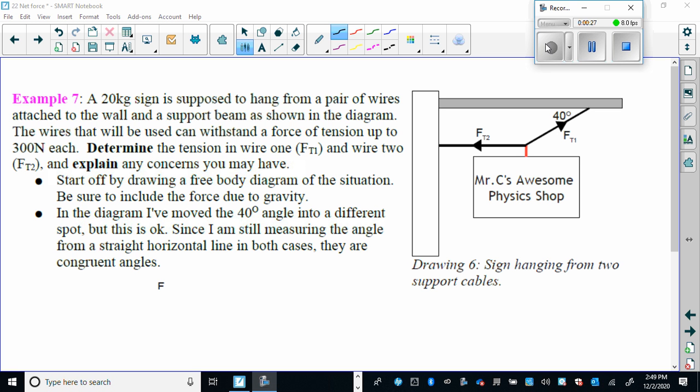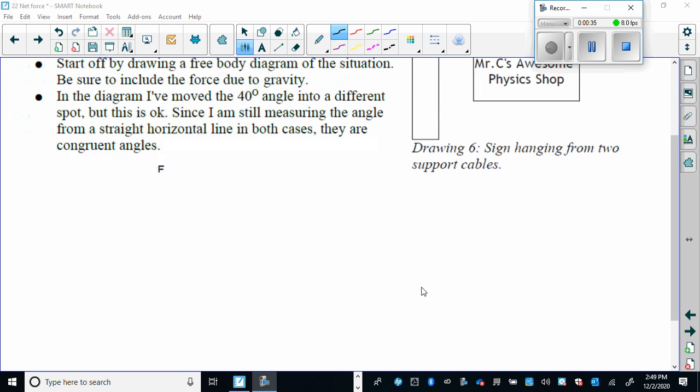And what we're going to start with here is a free body diagram. Let's draw, here's the sign, and there are three forces acting on the sign. As always, the most important one for this one is the force of gravity pulling it down.